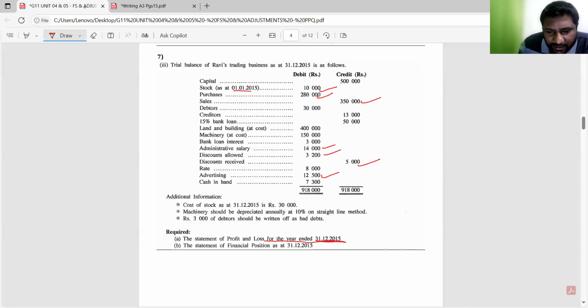And we have rates. Rates means, before this also I have taught you, when I was doing the unit on accounting equation, if I'm not mistaken. Rates are not tax.